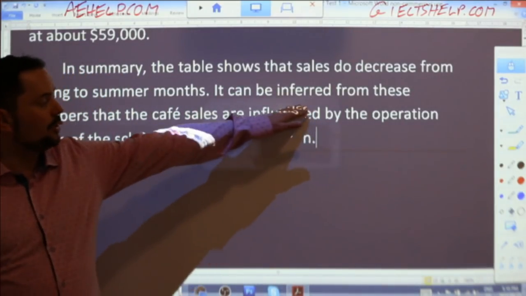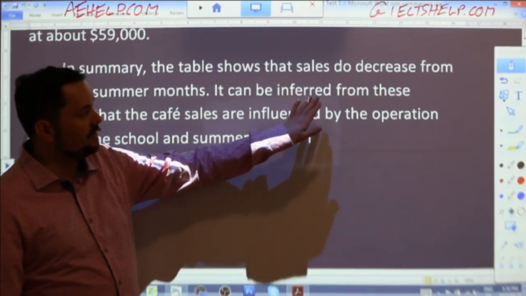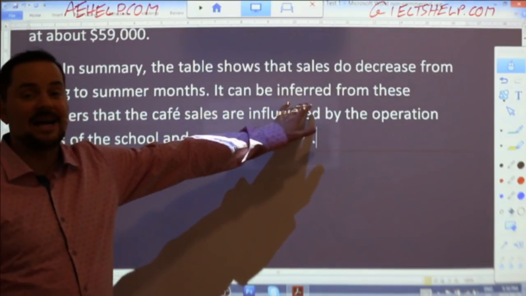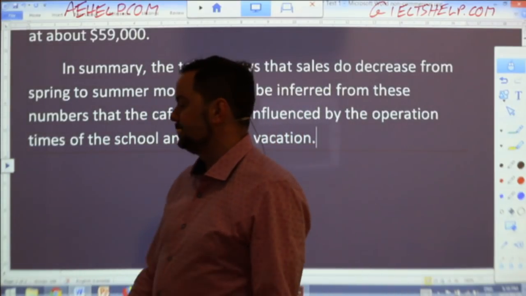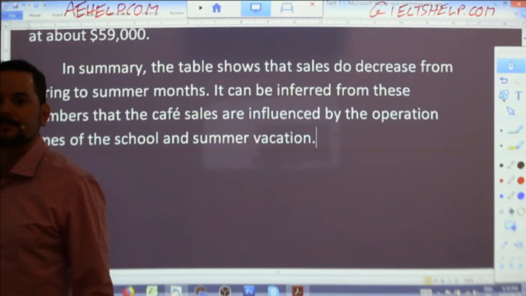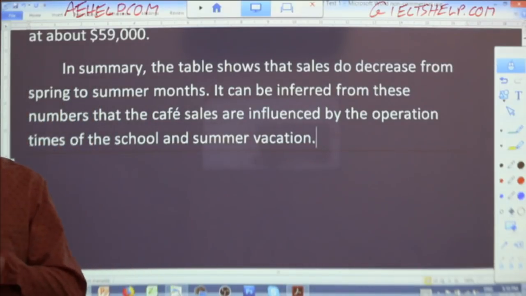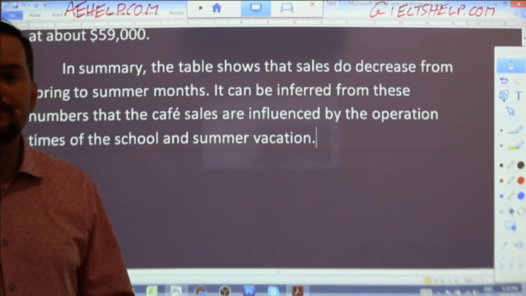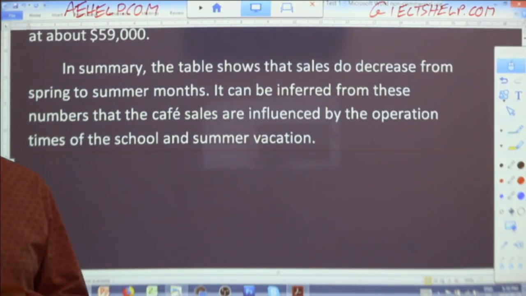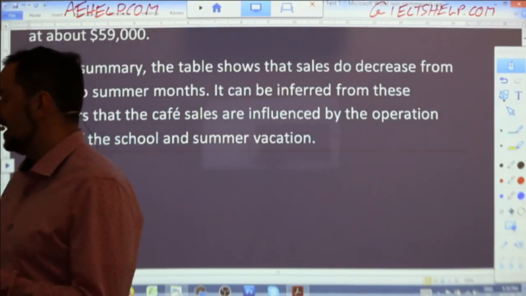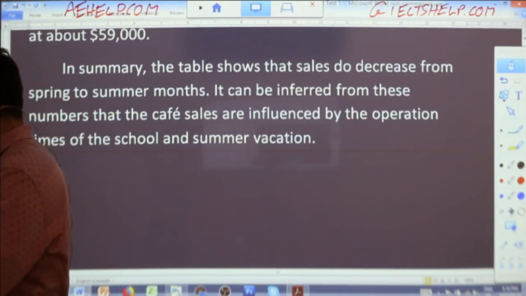Does everybody know what the word inferred means? That's a very, very good vocabulary for task 1. Anybody know the meaning of inferred? I'll show the whole paragraph in a second, Mukul. No, inferred means to make an educated guess. Okay?